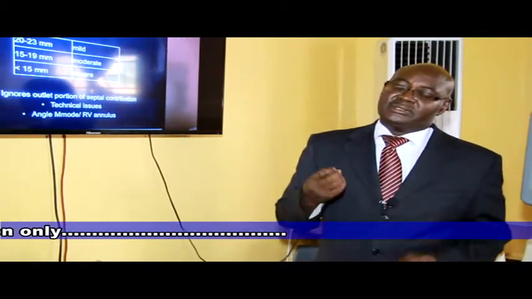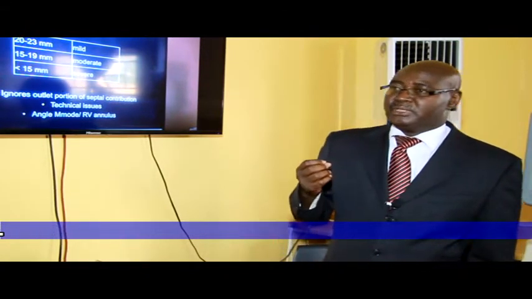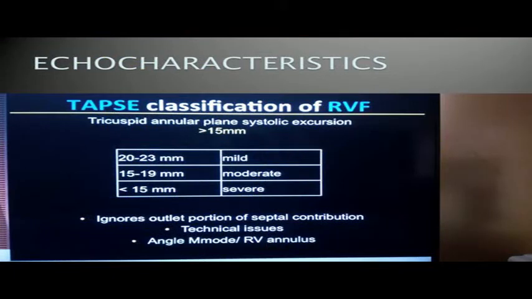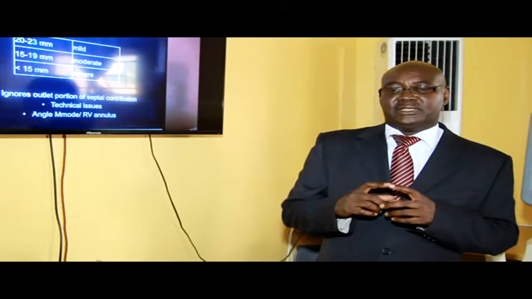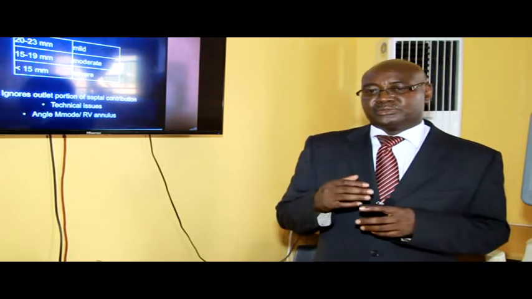The other measure is the function of the right ventricle, using what we call the tricuspid annular plane systolic excursion, which shows how the annulus or the valve ring of the tricuspid valve is moving during each contraction and relaxation. If we find a lower figure, we know that the contraction is reduced due to problems with the function of the right ventricle.